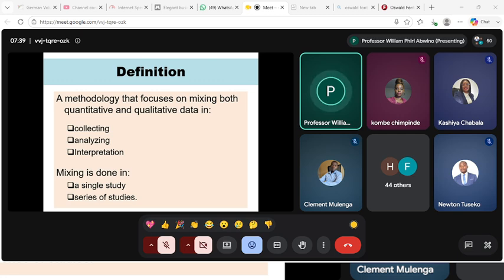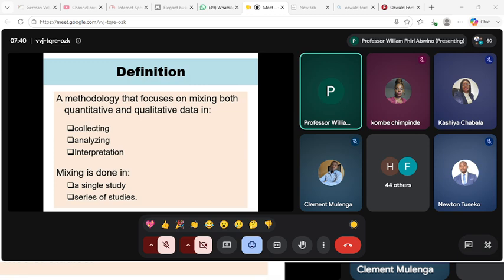A methodology that focuses on mixing both qualitative and quantitative in these aspects or tasks: collecting data, analyzing data, and the interpretation of data.